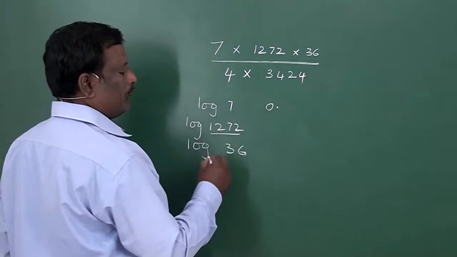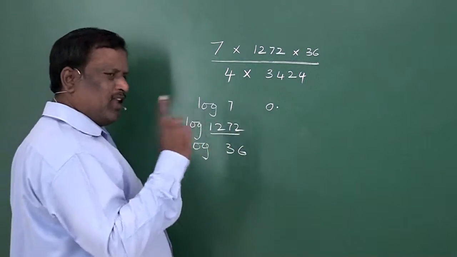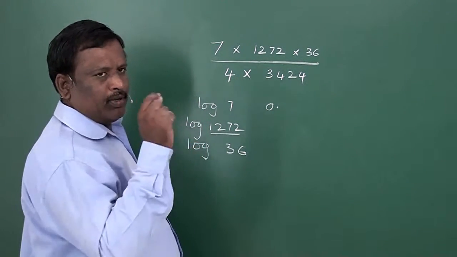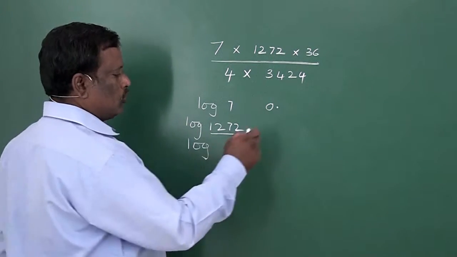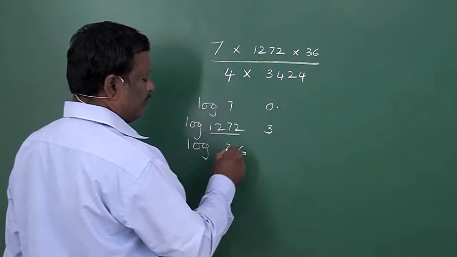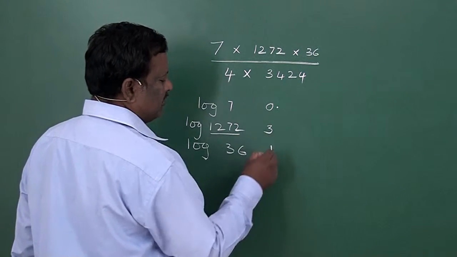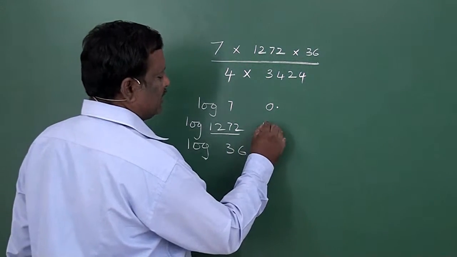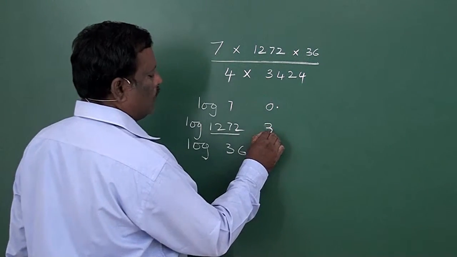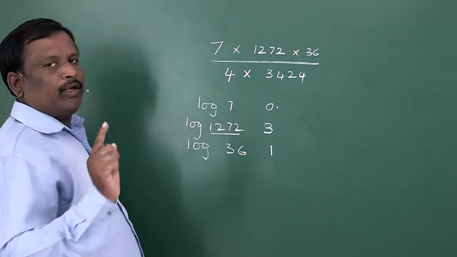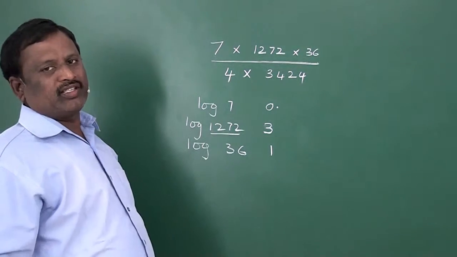For 1272, irrespective of the value of the number, the number of digits is 4, so the characteristic will be 3. For 36, the characteristic is 1. So the characteristic is independent of the value of the numerical. It only depends upon the number of digits present in it.